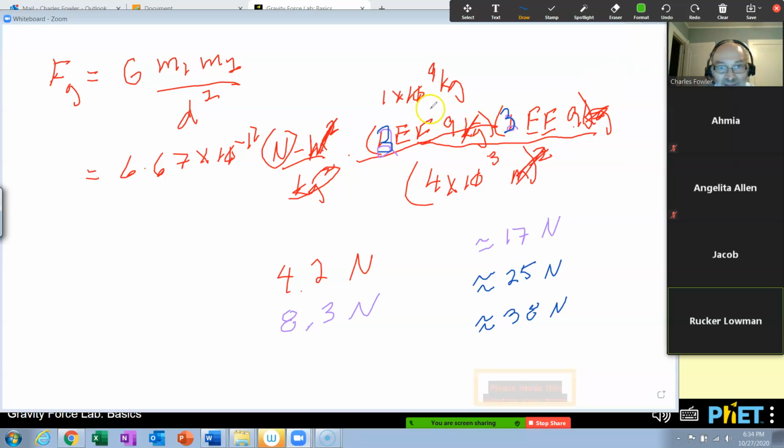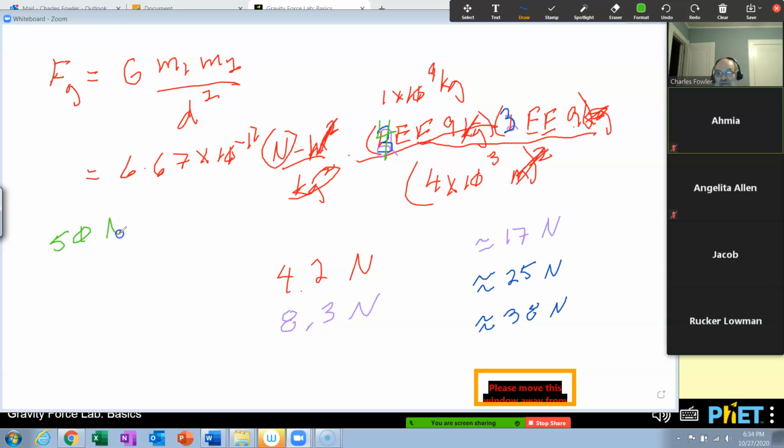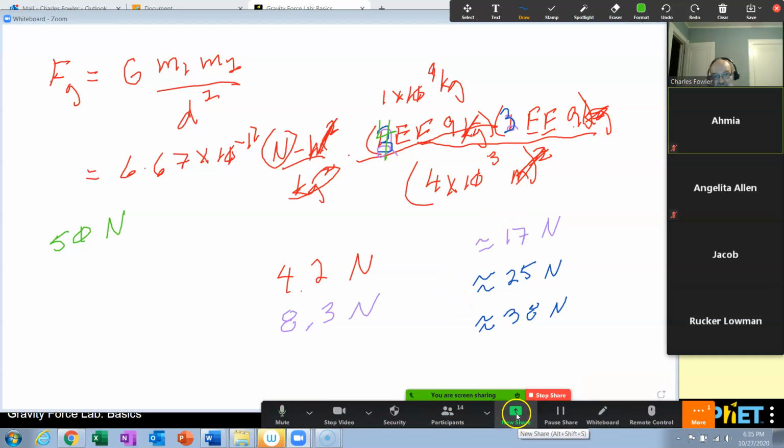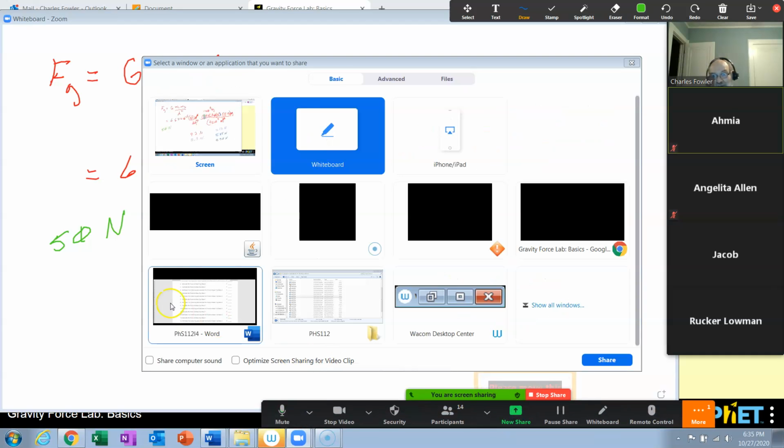Okay. Now we're going to increase to 4. And I think I punched everything in on the calculator. And what will that become? Did anyone get it? 50. Right on the nose, 50 Newtons. Not exactly, but pretty close, 50.025. Okay, good deal.